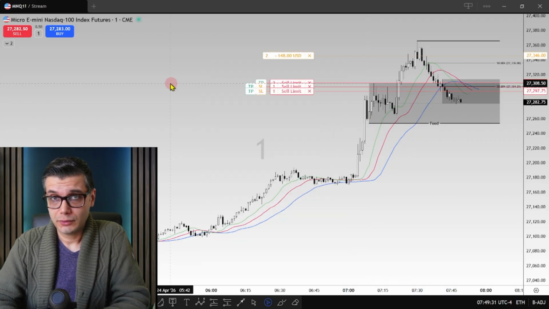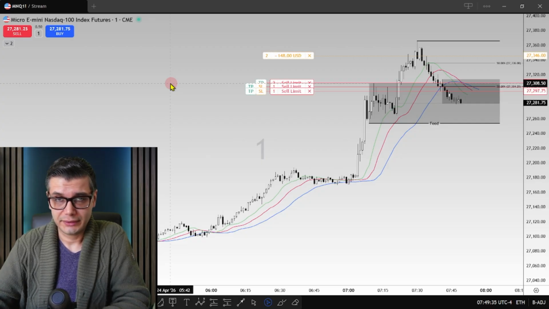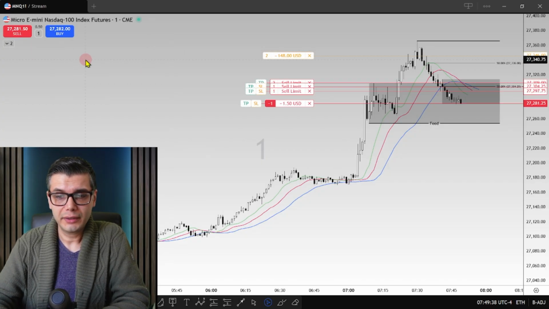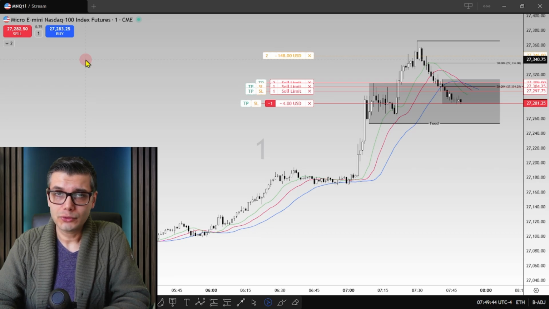This feeding zone, which is sell-side liquidity, hasn't been touched yet. Therefore, there is a high chance for the market to bounce from this area. That's why it is wise to close partially at that low.